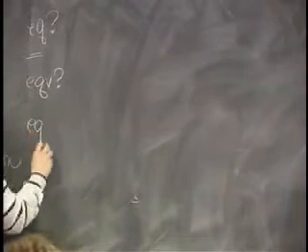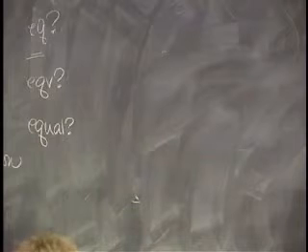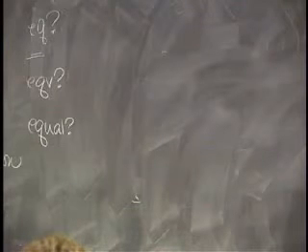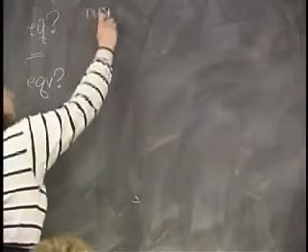We have eq?, the equal sign, eqv?, and equal?. Those are all built into Scheme, yes. Okay. So, eq?. This is the most discriminating test we have.